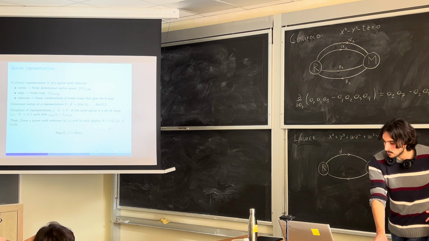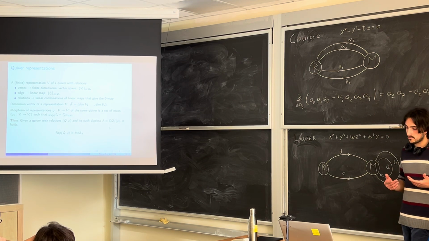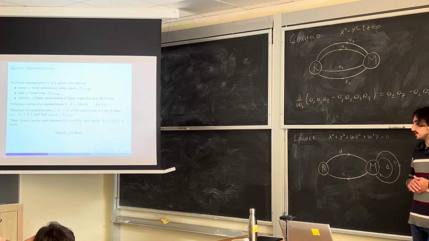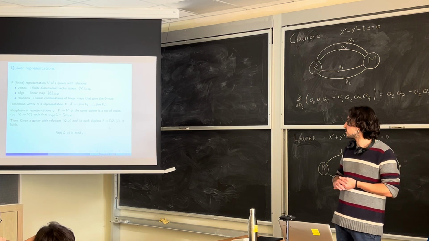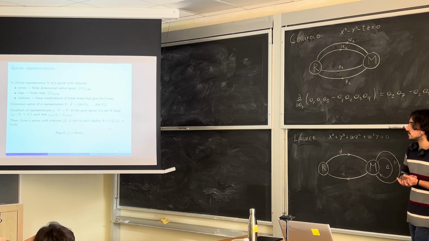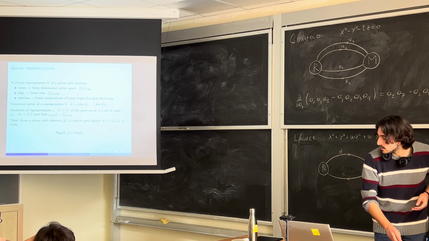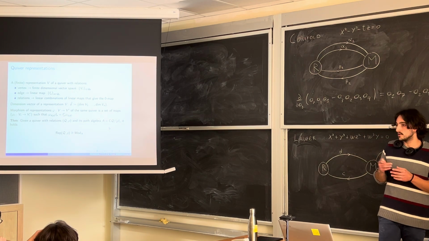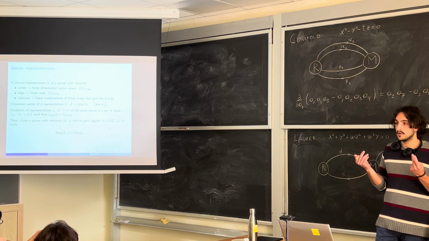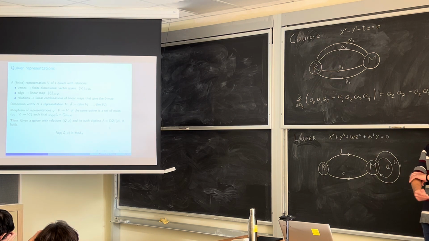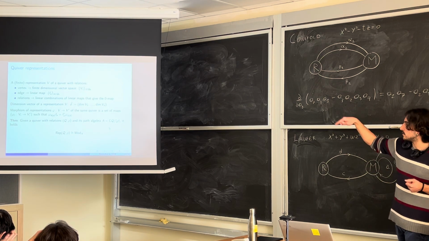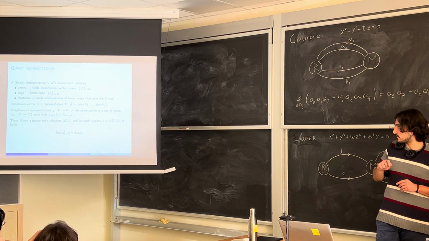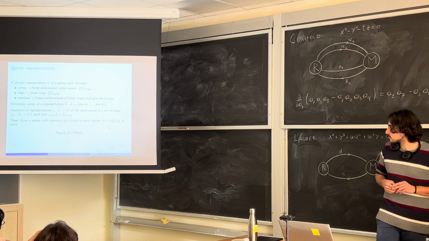And we can also study morphisms of representations, given by the condition that we have some linear maps between the vector spaces at each vertex, and they produce a commutative diagram with the linear maps of each edge.